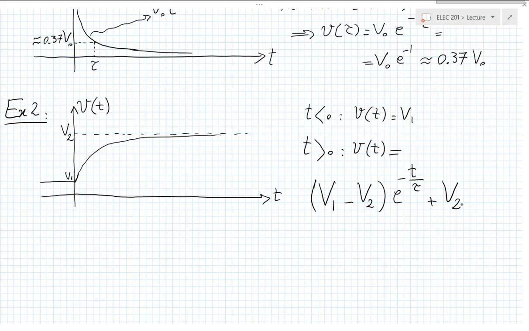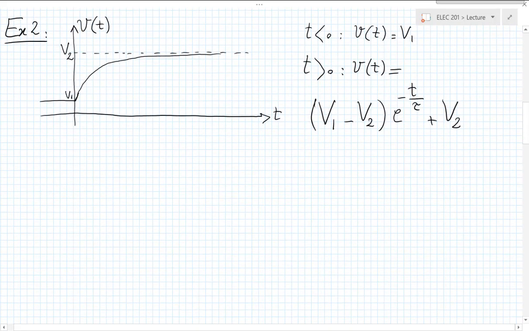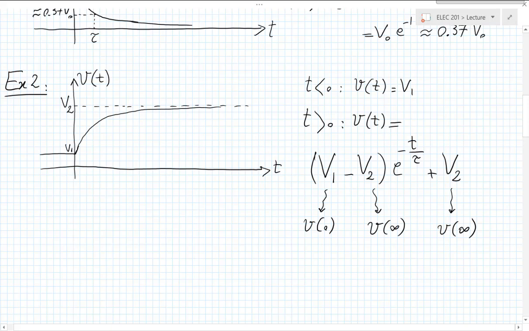Because it's V at time 0. And V2 could be called the voltage at time infinity. So again, this is just to be familiar with terminology. You might say this is V of 0, and this is V of infinity, the final value. Okay. It's just really notation and terminology that I want you guys to be exposed to.